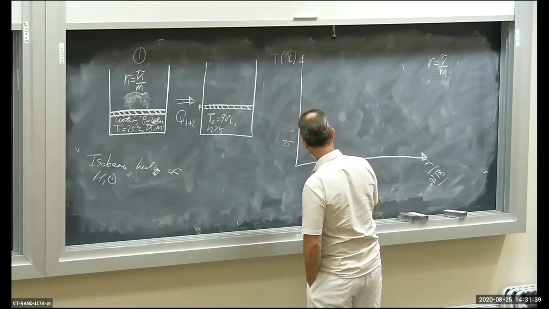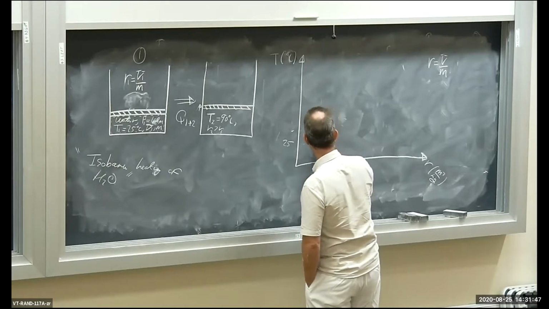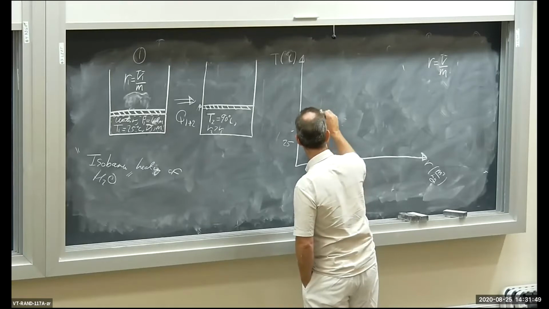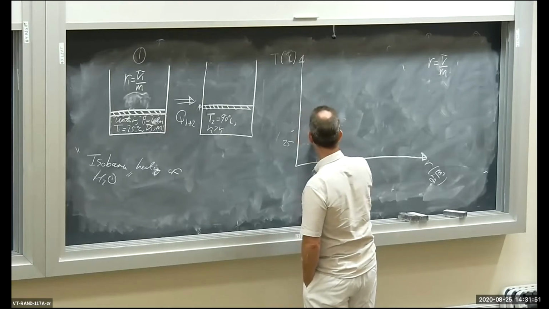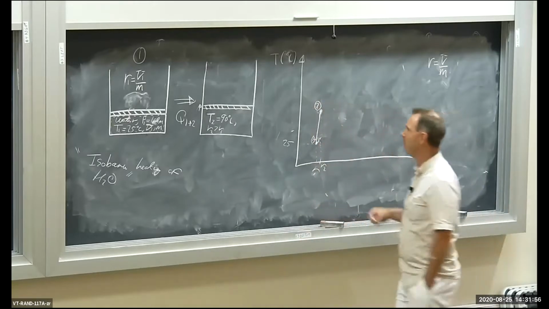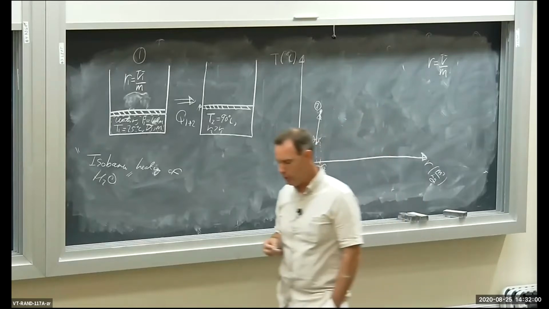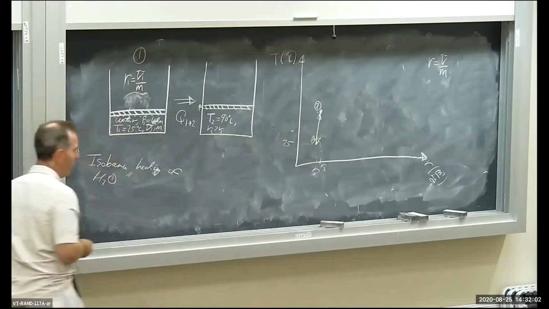Volume doesn't change much at all, so I'm going to put V2 right there. Volume doesn't change much at all, but temperature has changed quite a bit. So that's state 1, and that is state 2. Adding heat, it expands, temperature goes up. We're still water.